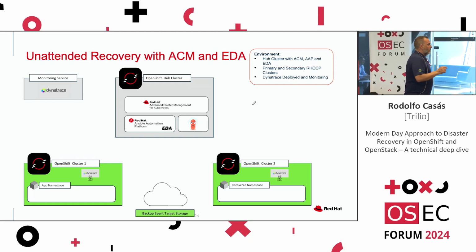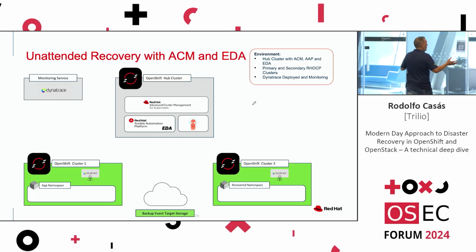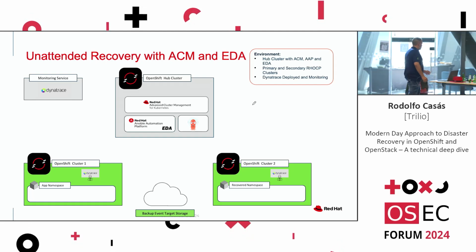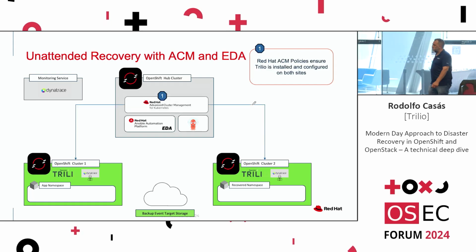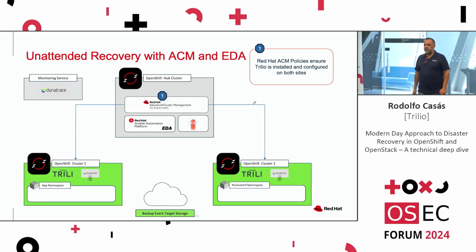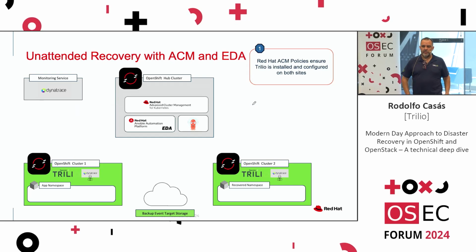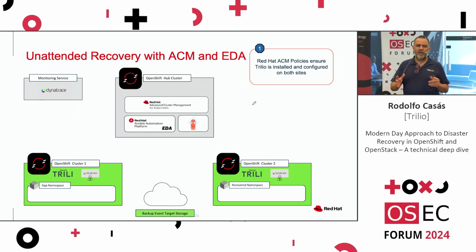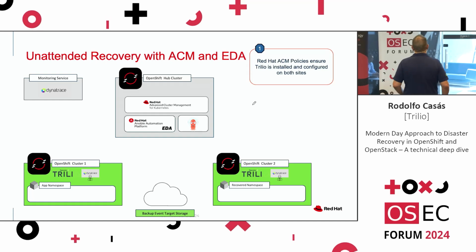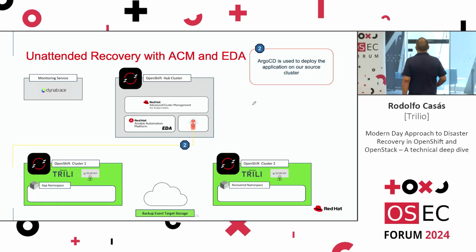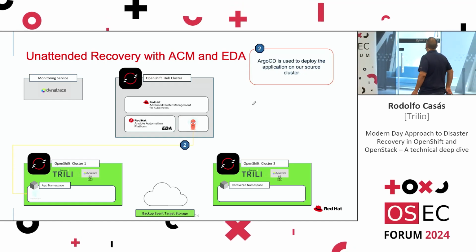Now, ACM will deploy Trilio automatically, of course. Now, Argo CD will deploy an application. I think around 60-65% of companies use GitOps tools to deploy applications. So Argo CD will deploy an application. In this case, you see with a database, Postgres, okay?